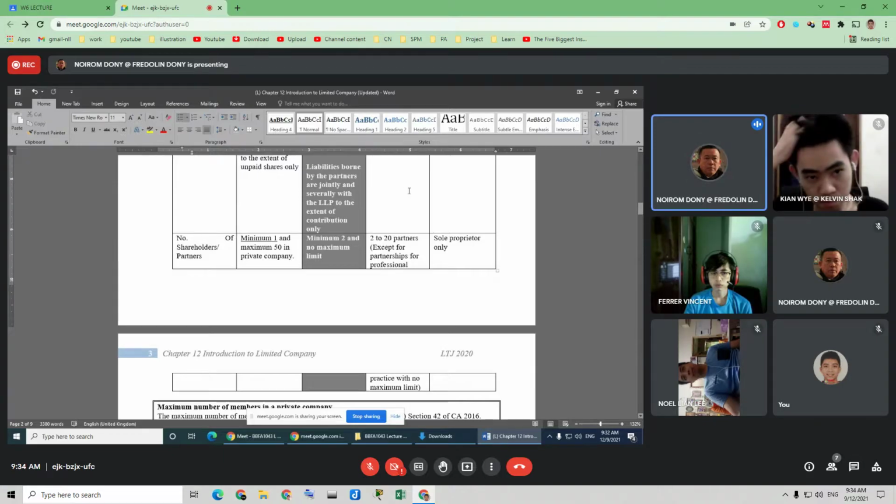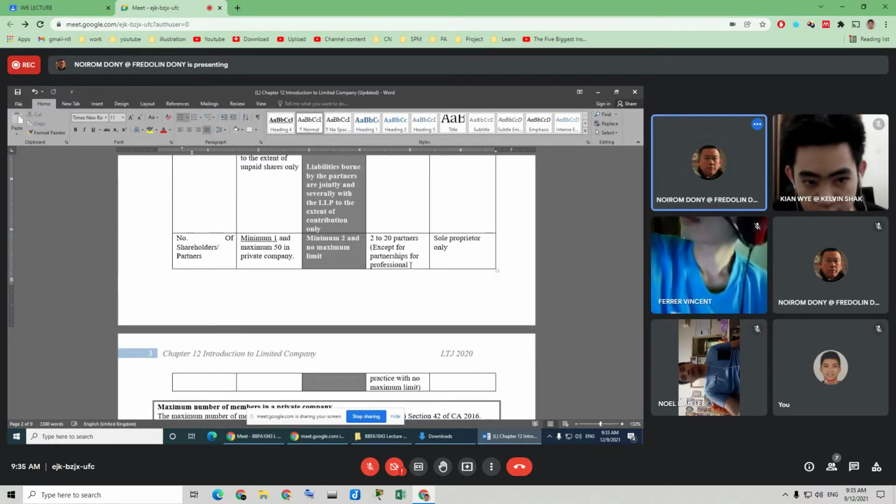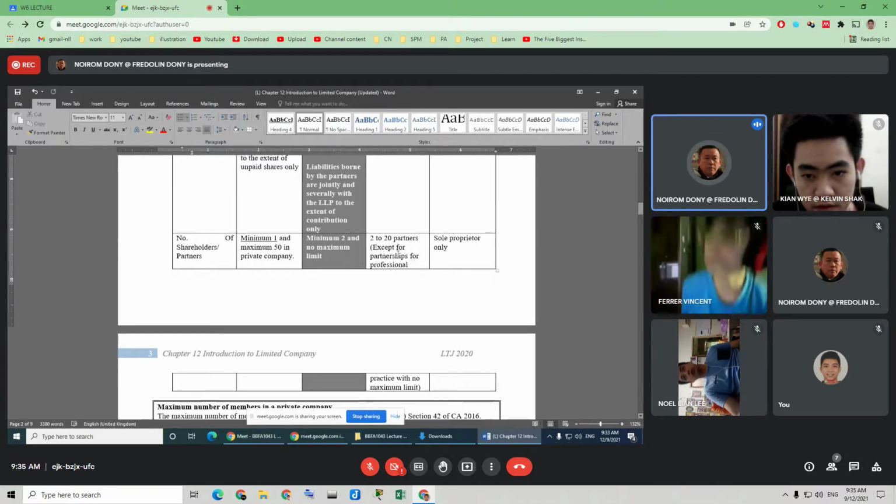But for the normal partnership, maximum is 20, minimum is two, except for partnerships for professionals, like accountants' partnerships or lawyers' partnerships. They don't have a maximum. For a sole proprietor, only one person.